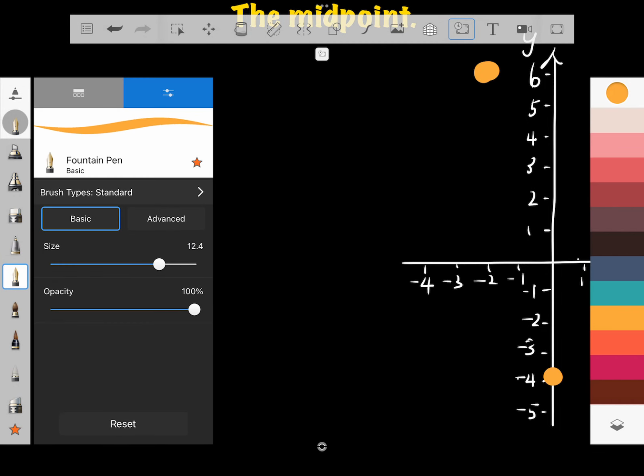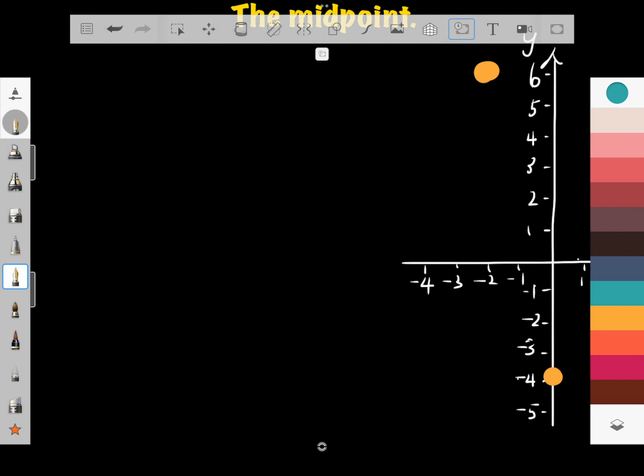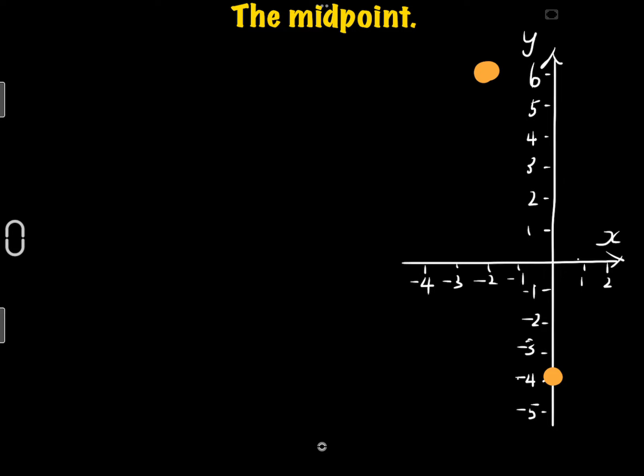What I need to do now is simply indicate this by means of a line, our line segment. So that's our line segment there.